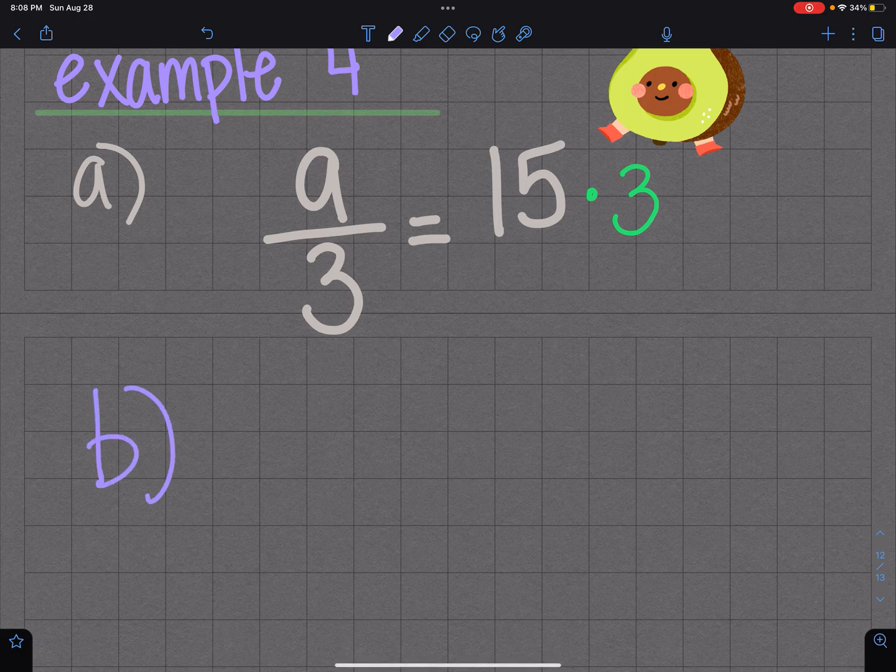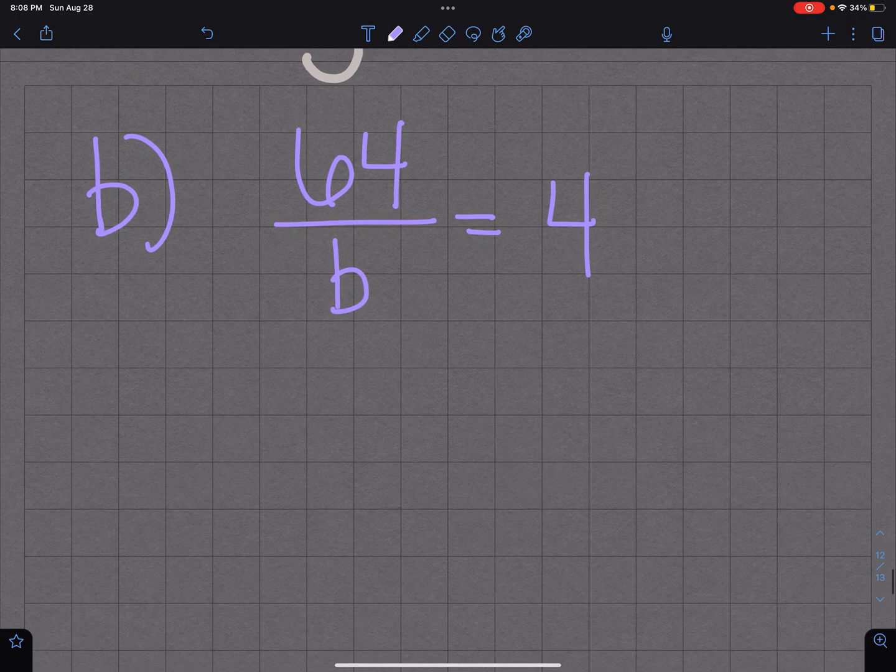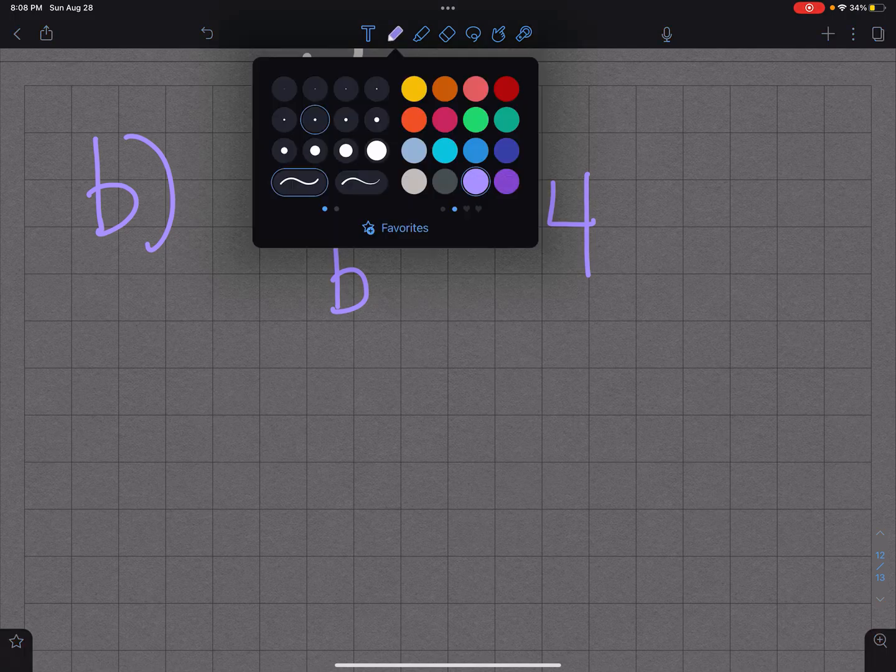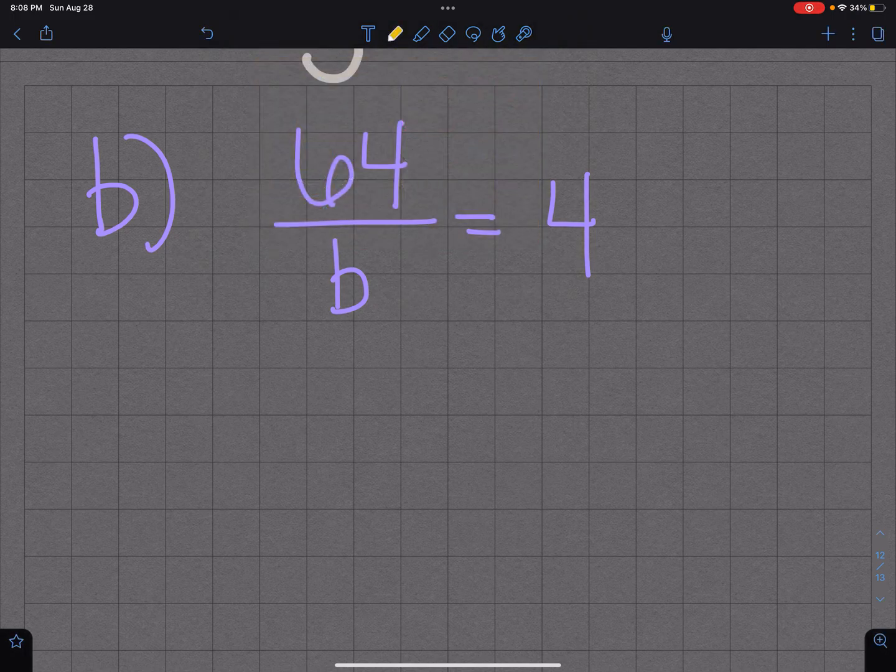But let's do B. B is 64 divided by B is equal to 4. The way I do these is a little bit different than how the book does it, because I try to isolate the variable on one side. In order to isolate the variable here, I'm going to multiply both sides by B. So I'm going to put a B on this side and a B on this side.